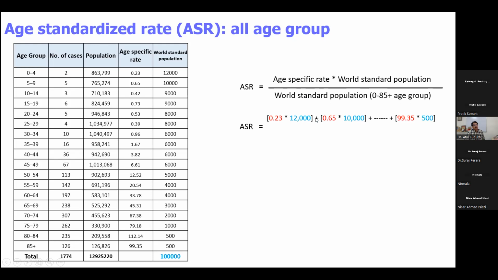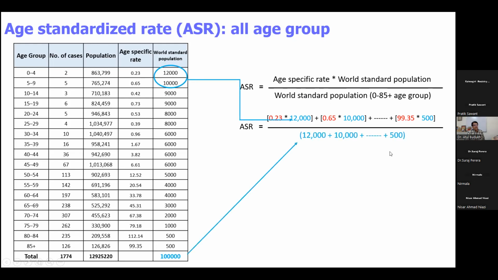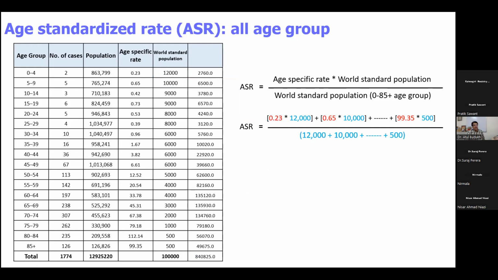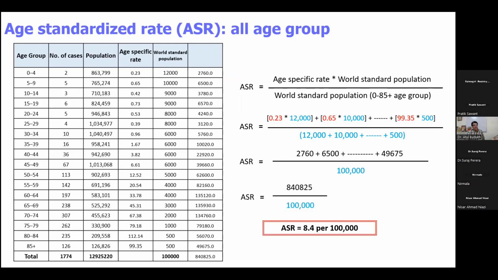Now we are multiplying 0.23 into 12,000, 0.65 into 10,000, and 99.35 into 500, and this is nothing but addition, and we are dividing by 100,000, and the rate which will come is the age adjusted rate, which is also called a standardized rate. What we have done: number of cases by population, we get the age specific rate.